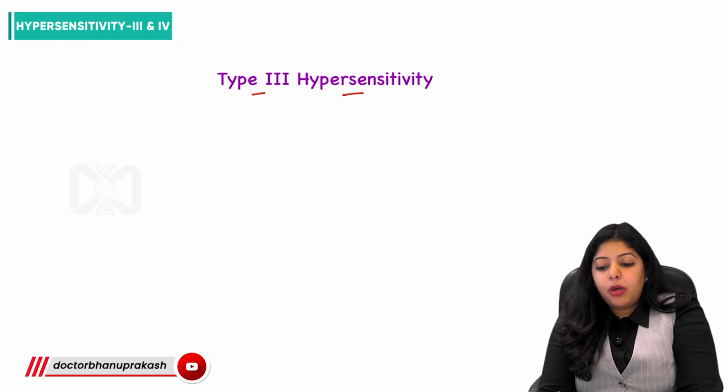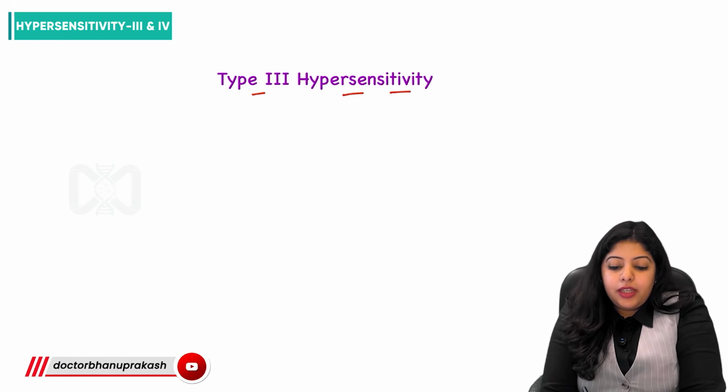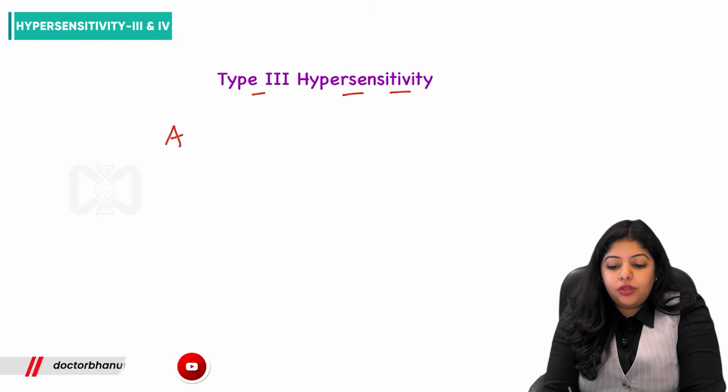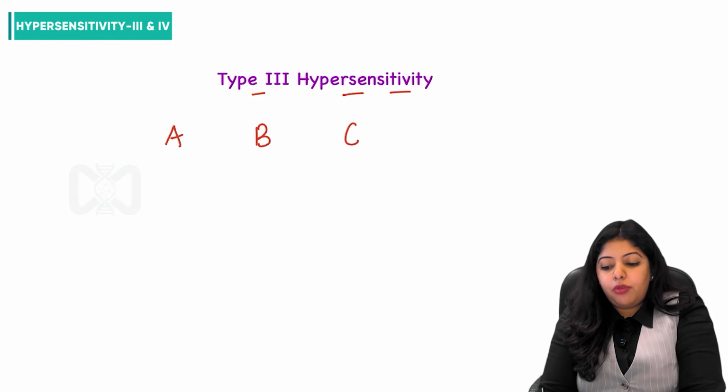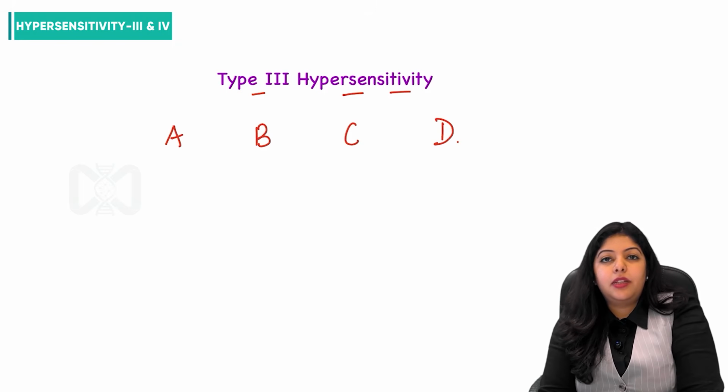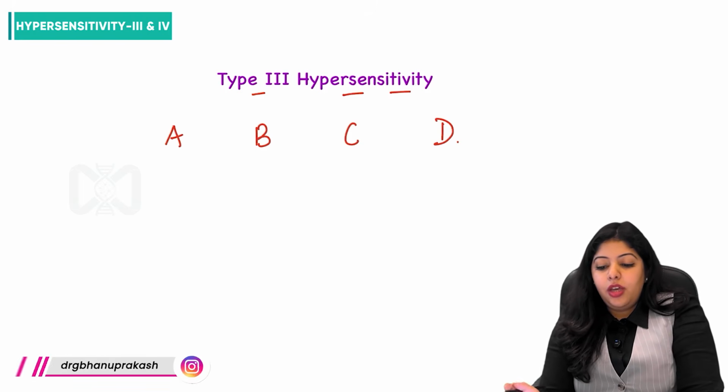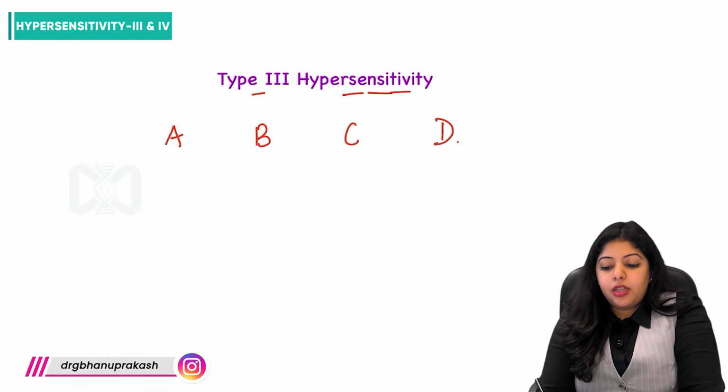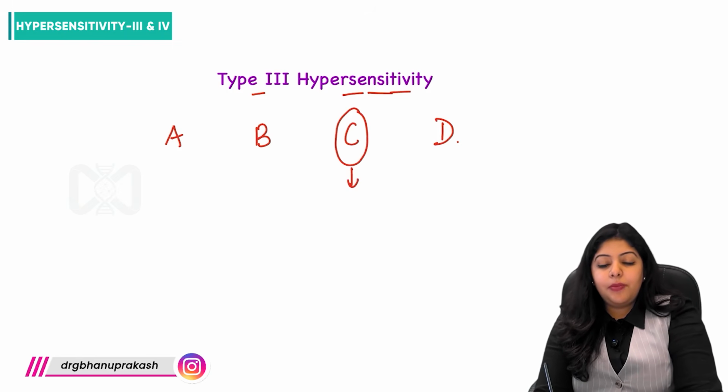When we talk about type 3 hypersensitivity, we have devised 4 letters for each type of hypersensitivity, respectively type 1, 2, 3, 4. For type 3 hypersensitivity, C corresponds with type 3, right?